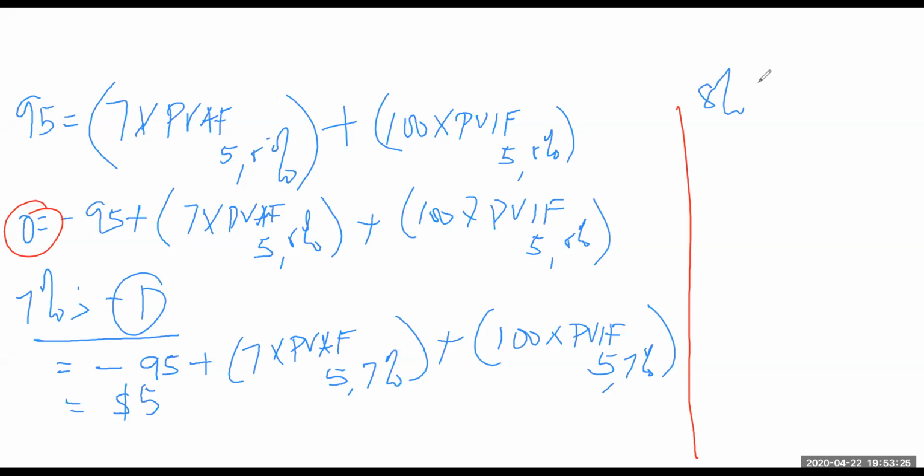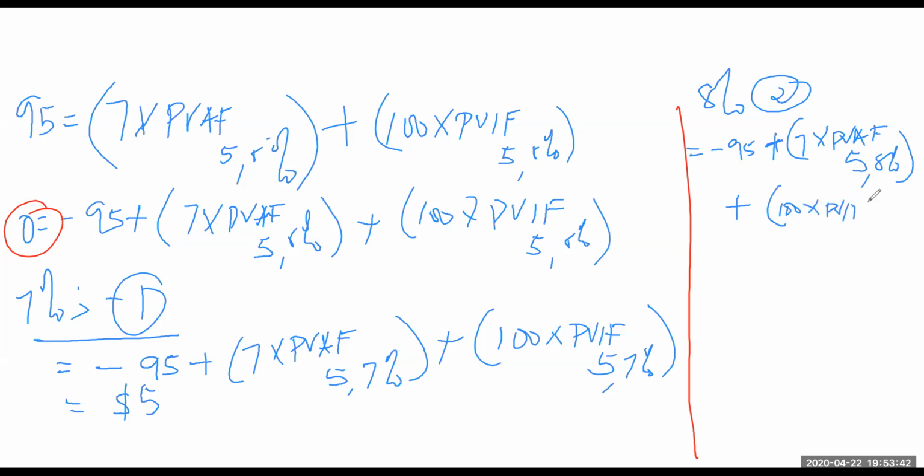So now here is our second trial. At 8%, it will be equal to negative 95 plus 7 times present value interest factor, 5 years, 8%, plus 100 times present value interest factor, 5 years, 8%.